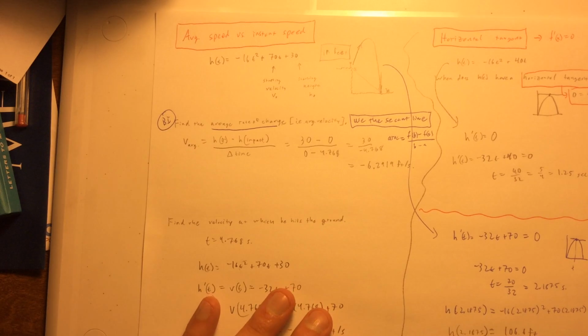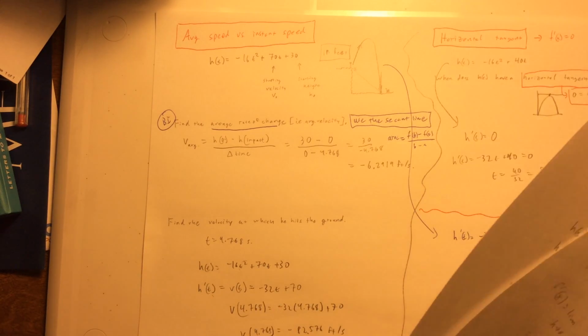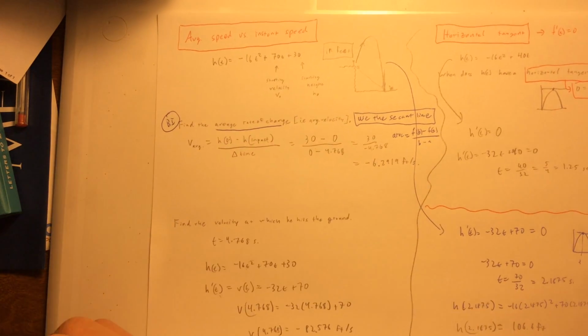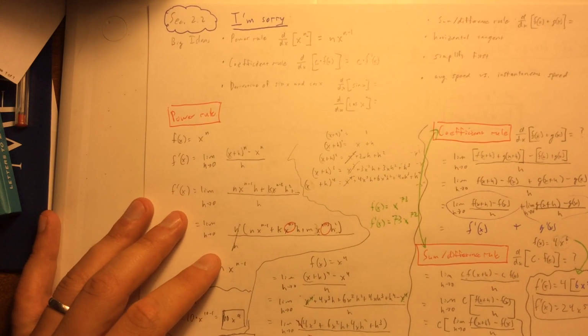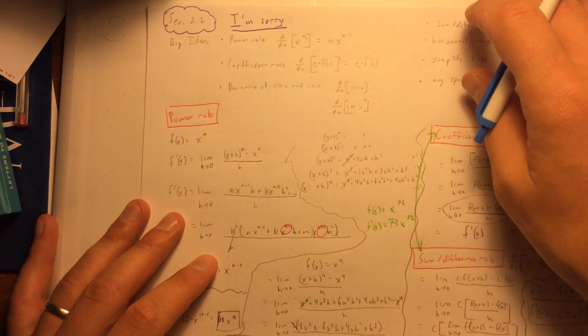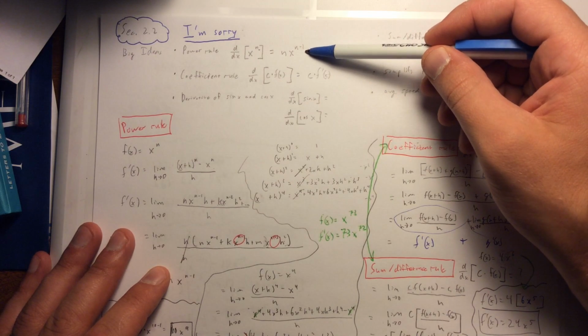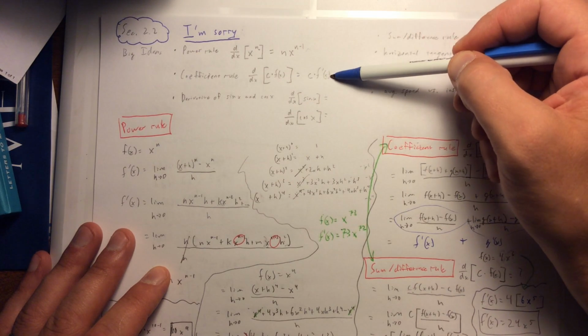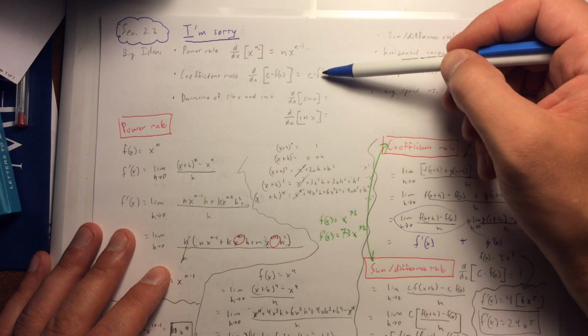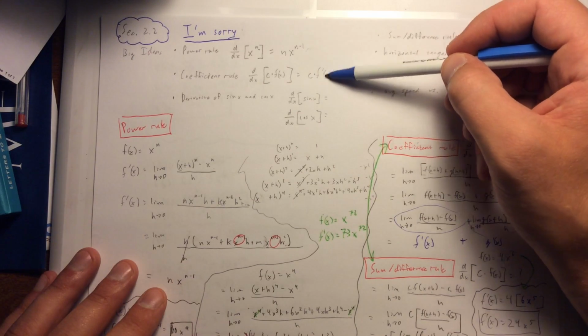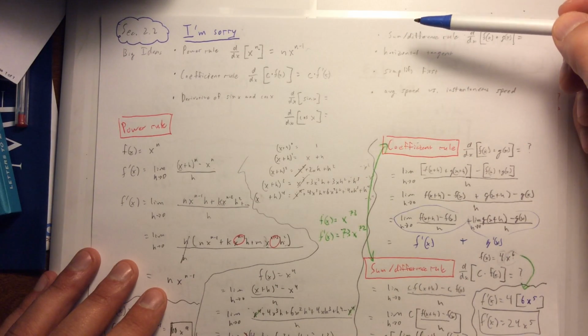All right, so what we've covered here, it's a lot. We've covered the power rule, the coefficient rule. Basically, just shove the coefficient to the front and simplify later. Just deal with the function.